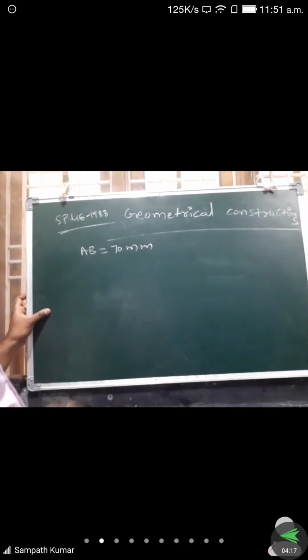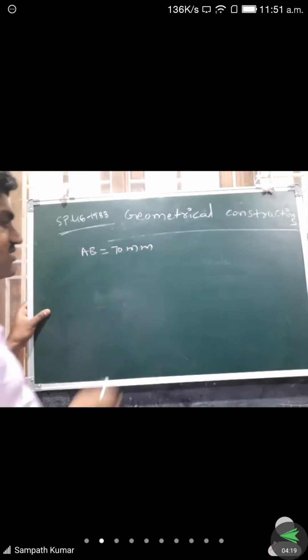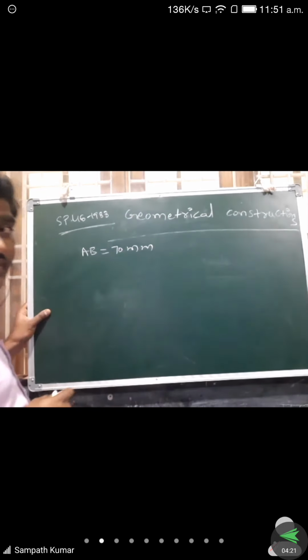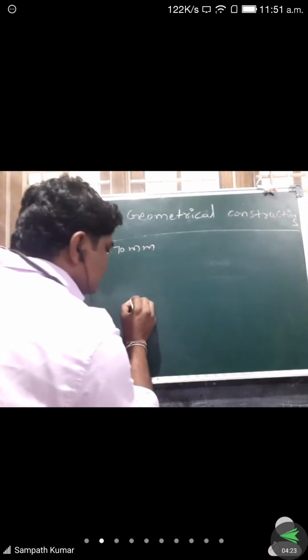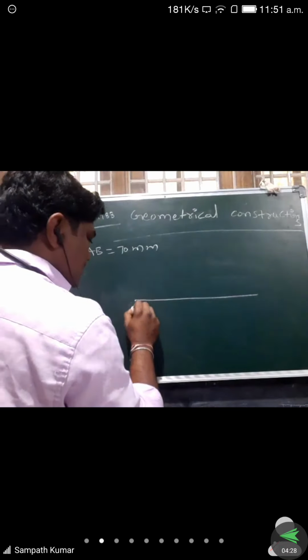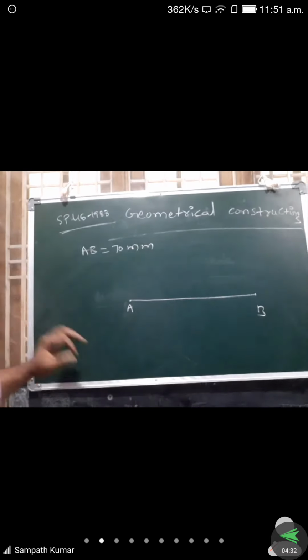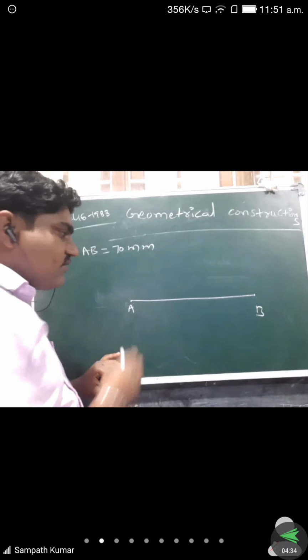How to bisect a line means we take line AB equal to 70 mm. Draw an arc. Take more than half, not half. Take more than half radius.